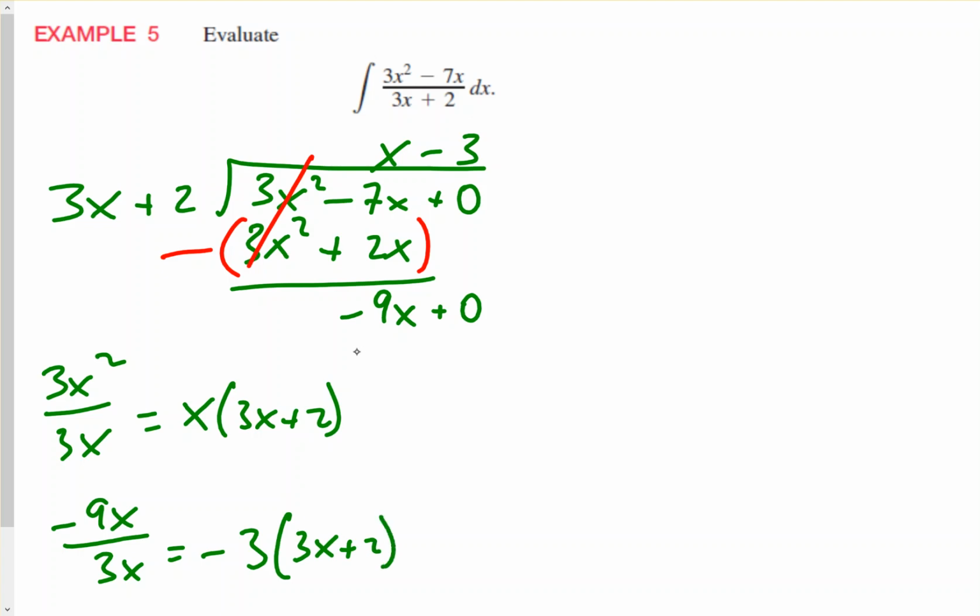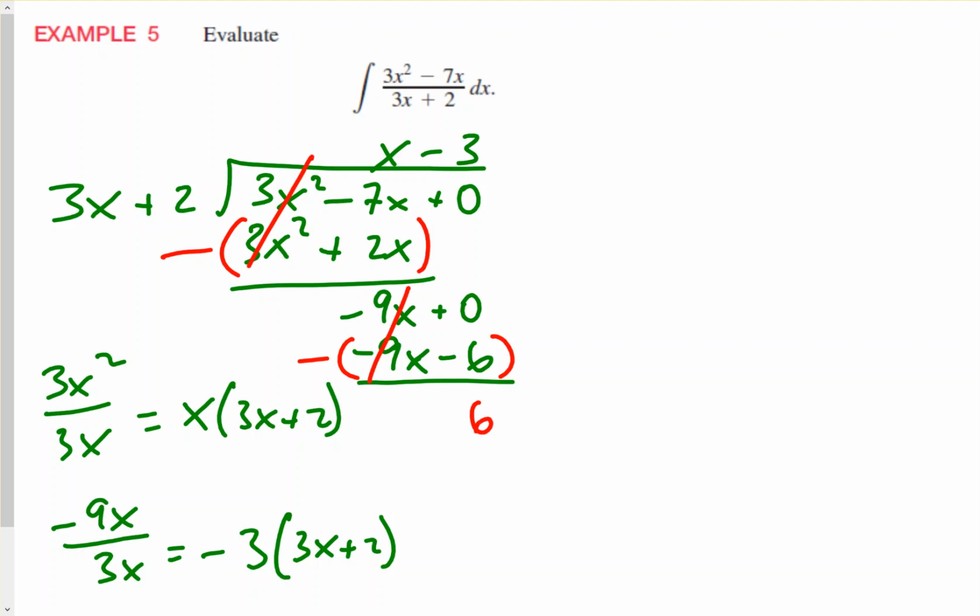Negative 3 times 3x would be negative 9x. Negative 3 times 2 would be negative 6. Subtract. Negative 9x minus negative 9x, that's gone. 0 minus negative 6 is a positive 6.